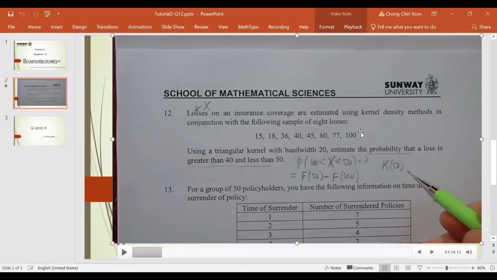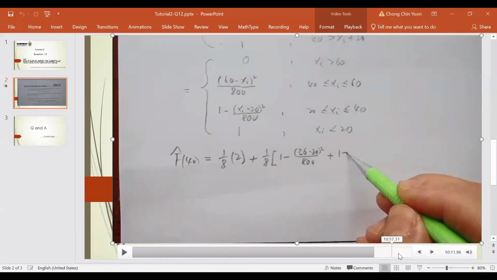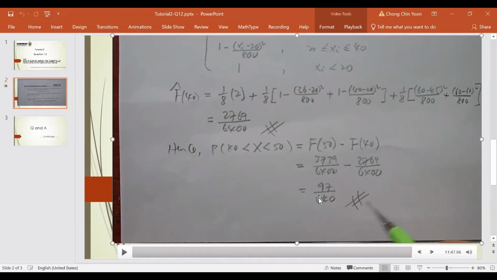Okay, based on the discrete, the probability in this range is 0.125. But based on the triangular distribution, we have found that the answer is about 0.1515. Okay, so that depends on whether you want to consider continuous or discrete data.